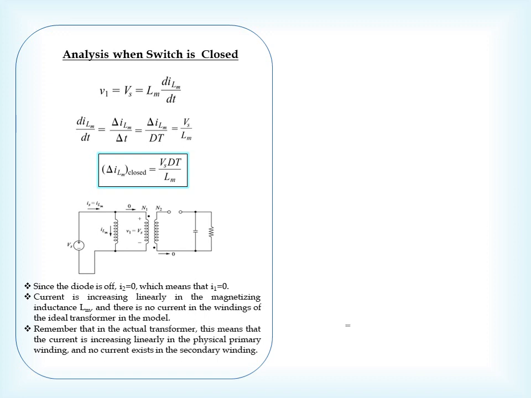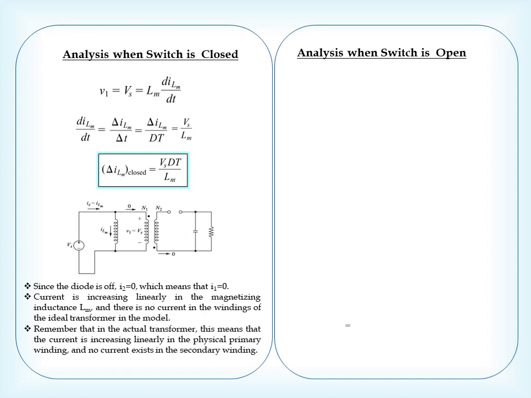In the actual transformer, the current is increasing linearly in the physical primary winding, but there is no current in the secondary winding. In other words, the primary winding is storing energy in this case. Physically, Lm and the primary winding are not different, right?